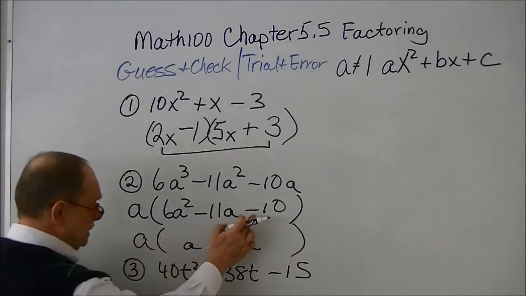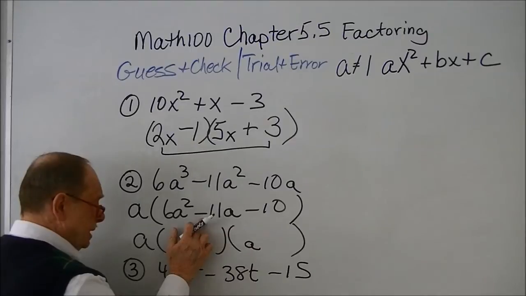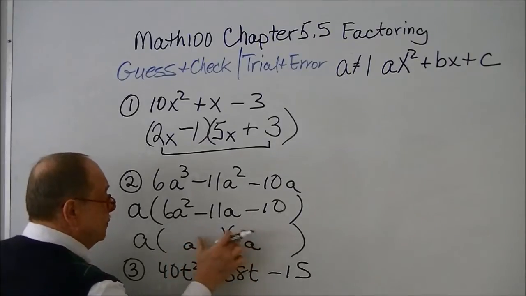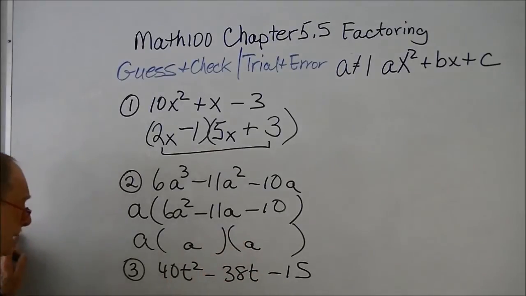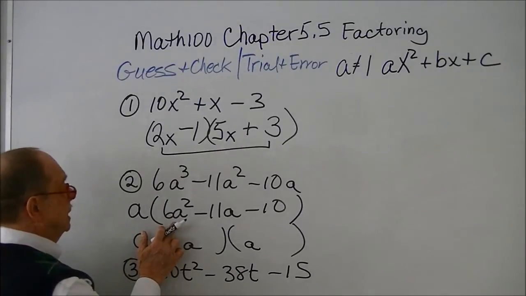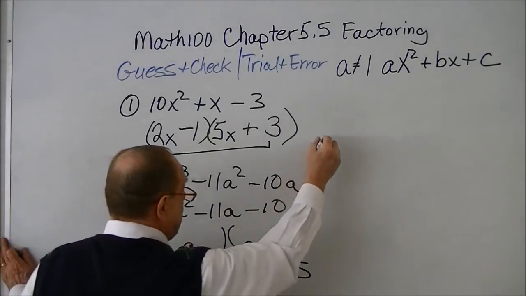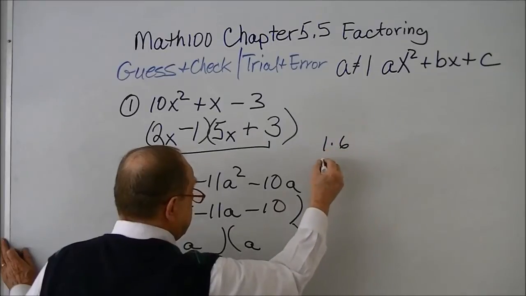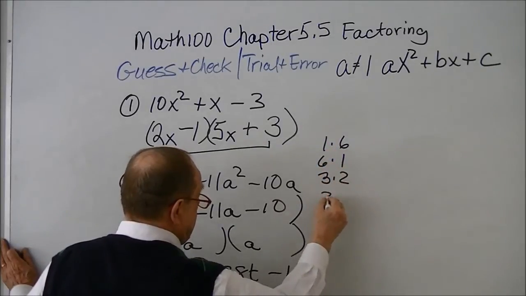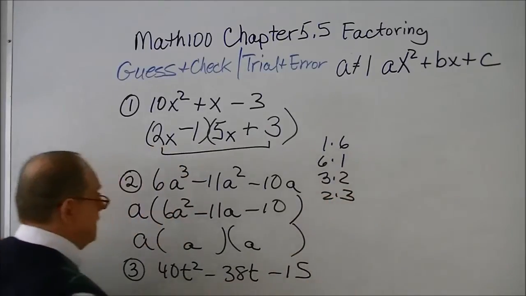Now look at the signs. This is negative, this is negative. So one of these signs will be positive, one will be negative. Keep that in mind. Now we have a 6 here, and the factors of 6 are 1 and 6, 6 and 1, 3 and 2, 2 and 3.